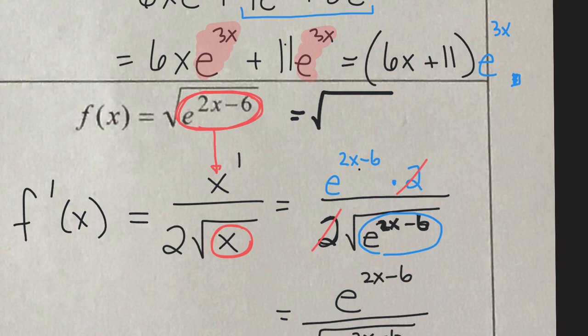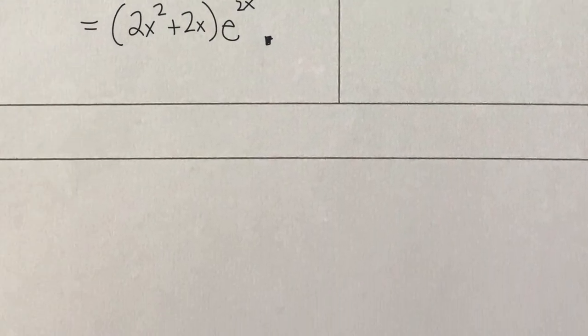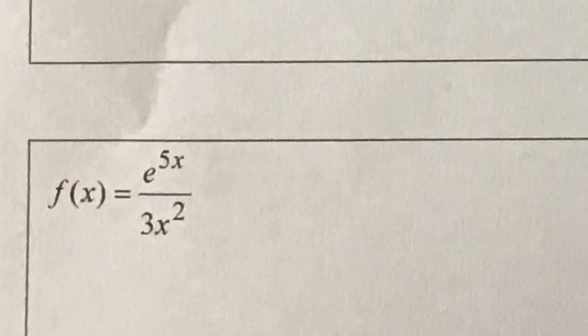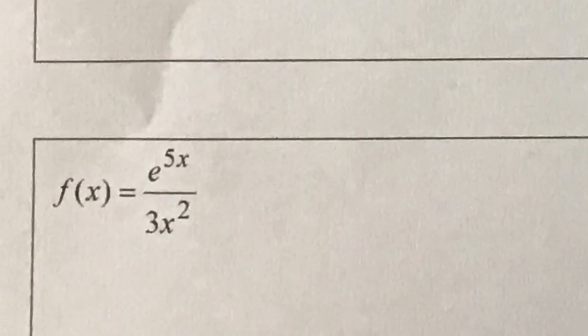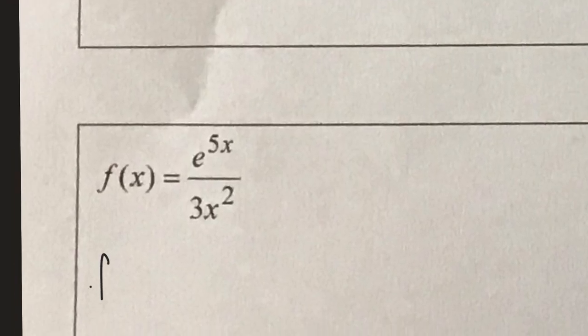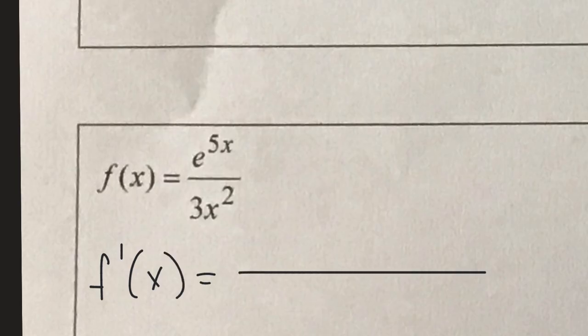Okay, so there's one more. I apologize, the bell will ring when class is over. So this is our quotient rule, low d high minus high d low. So we write our fraction, the derivative of it's low d high, so there we have. What's the derivative of e to the 5x?